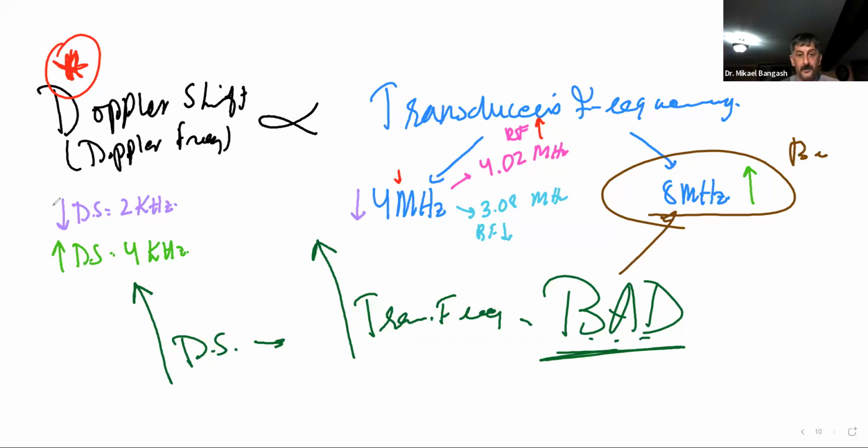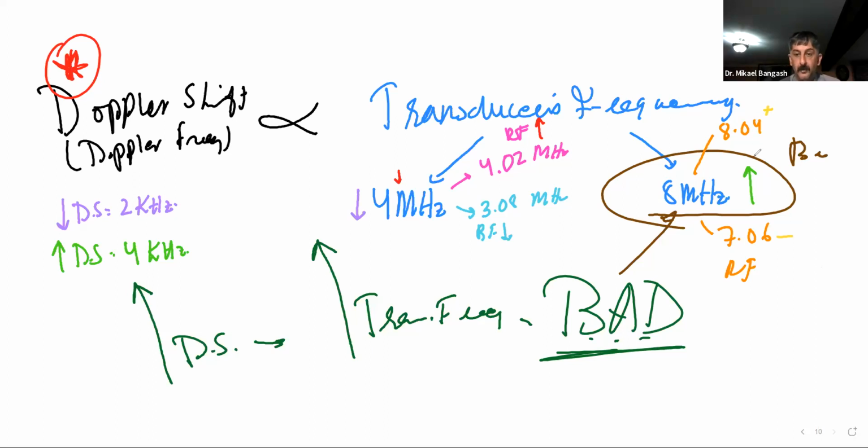If we used the same instance with the high frequency transducer, the reflected frequency would be 8.04, or it could be 7.96. Since we had a greater reflective frequency than the transmitter frequency, it was going to be positive, whereas here the reflective frequency was lesser than the transmitter frequency, so it would be negative.